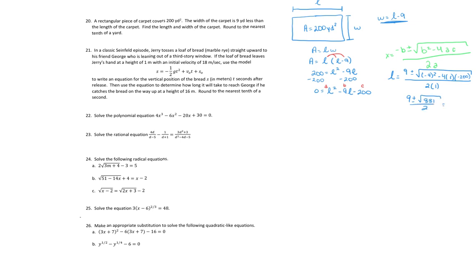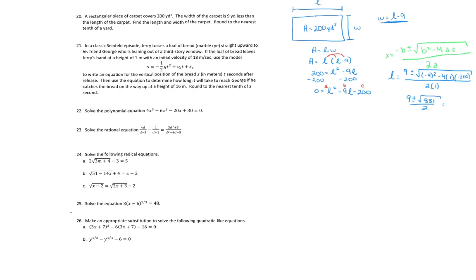And the square root of 881 is roughly 29.6816.